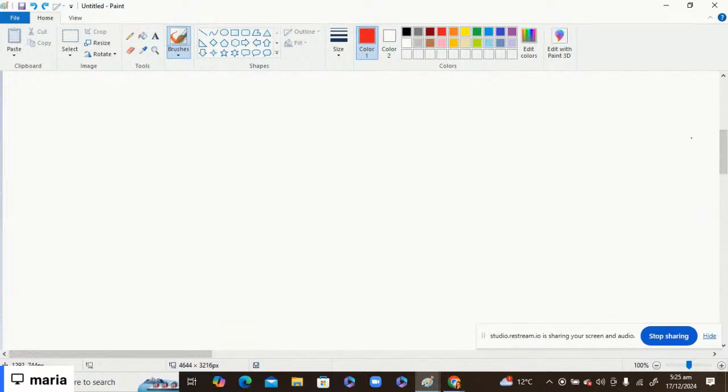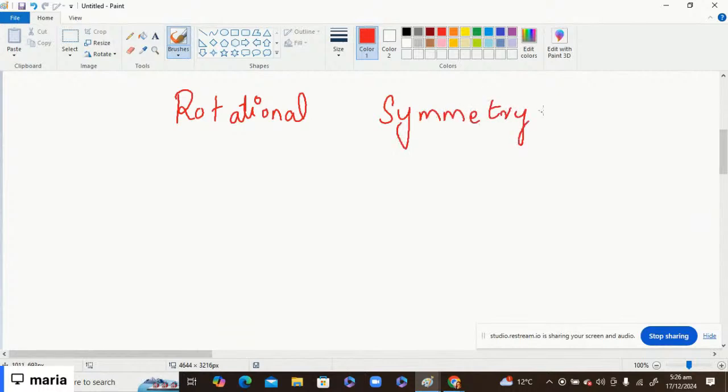Let me write it down here. So the rotational symmetry, what does it mean? It means something like rotation, something like moving, like from up to down, from this side to this side.